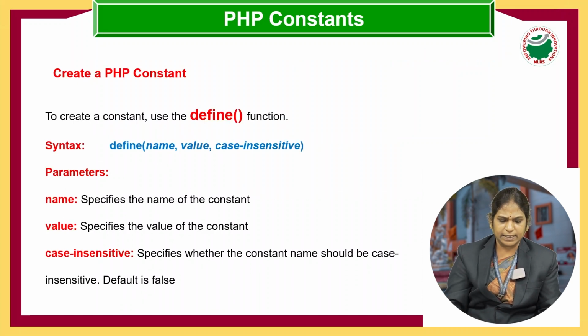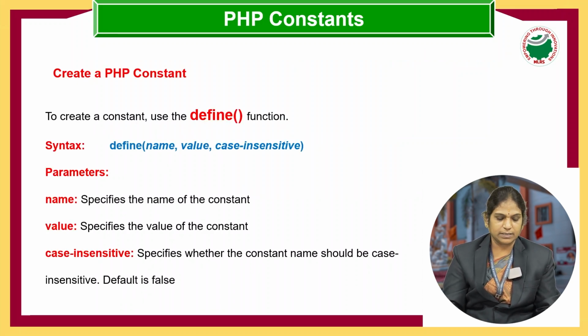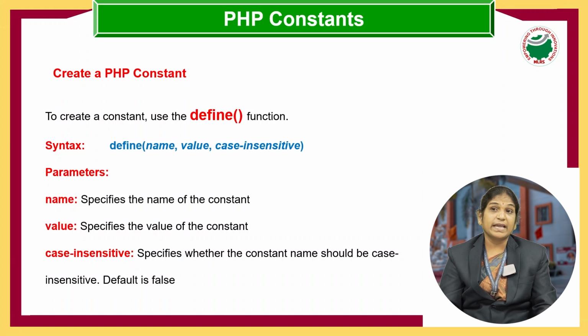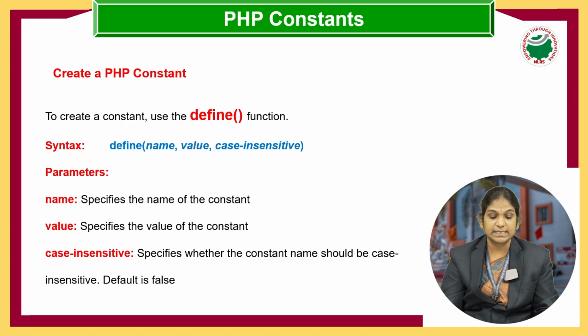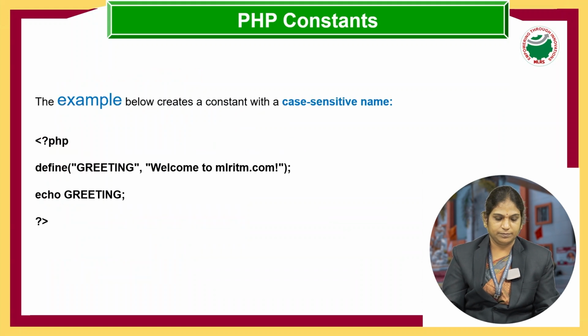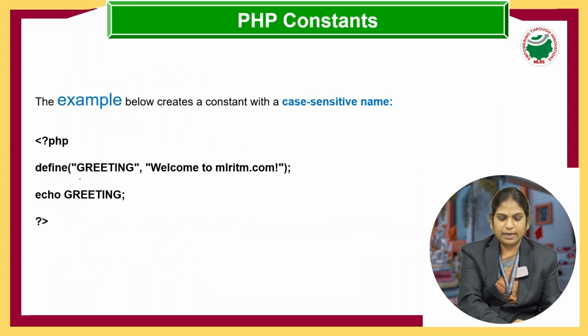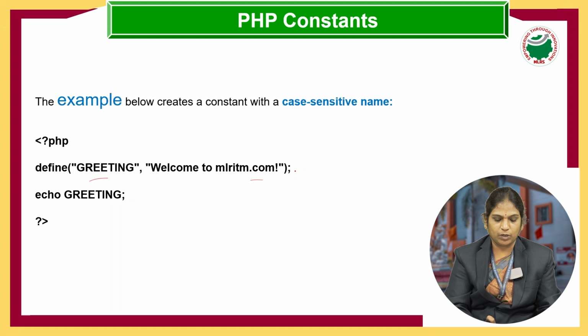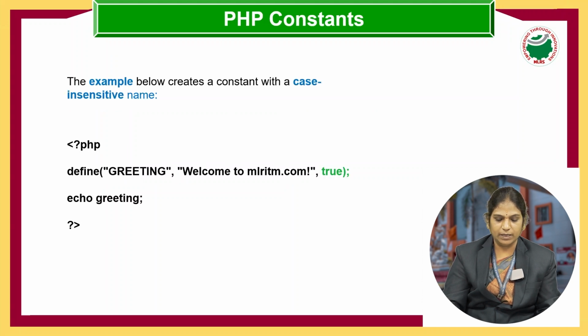And variable names are case sensitive, whereas constants in PHP are case insensitive. Example, greeting, welcome to mlritm.com, echo greeting. It is going to display welcome to mlritm. Here also same thing, echo greeting.